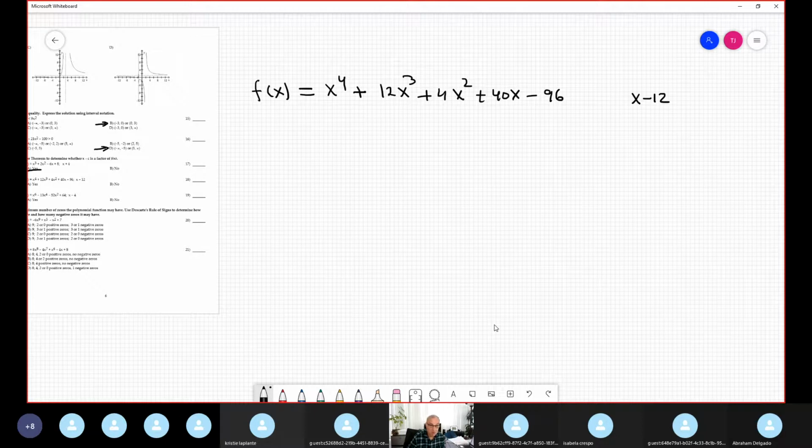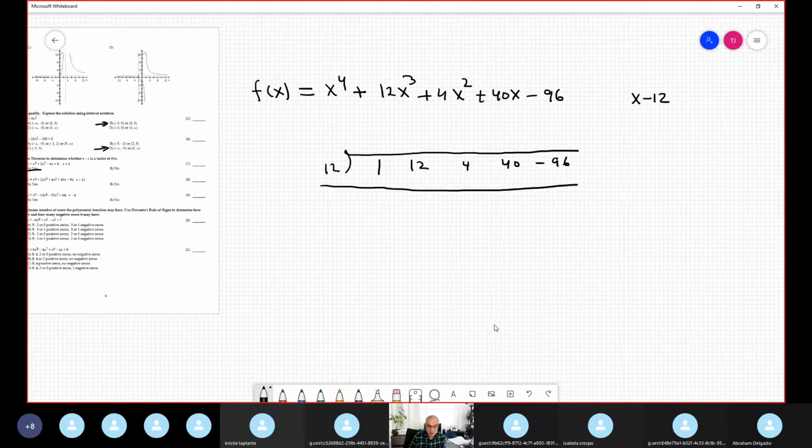So I decide to use synthetic division. I copy the coefficients 1, 12, 4, 40, and negative 96. Don't forget that this number is the opposite sign of this. The factor is x minus 12, so the number is positive 12. Bring down 1 without doing any operation. Just bring down. Multiplication, 1 times 12 is 12. And 12 plus 12 together is 24.